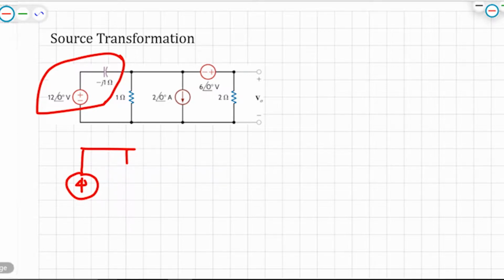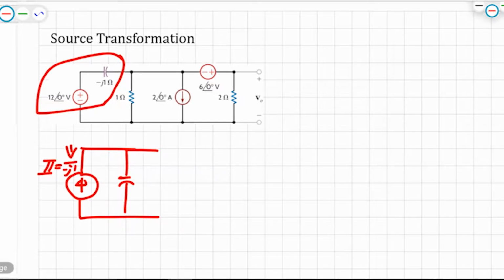So this time we can just go ahead and do that. So this is how we make a transition. Now the current source, the IS here, is equal to the voltage divided by that element's impedance, which is negative J1.